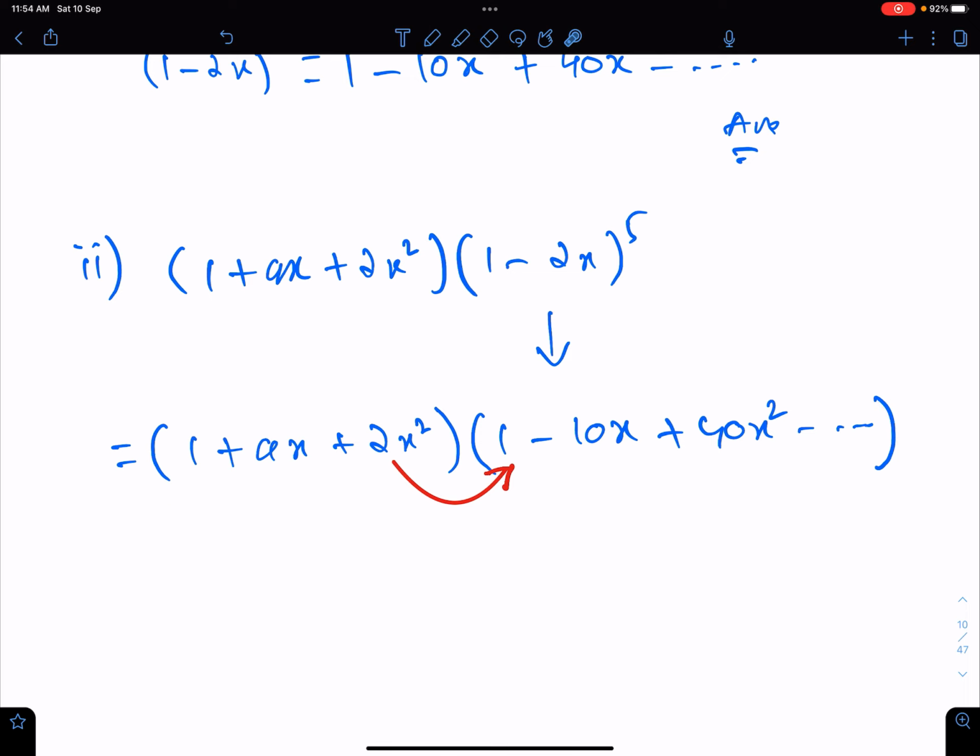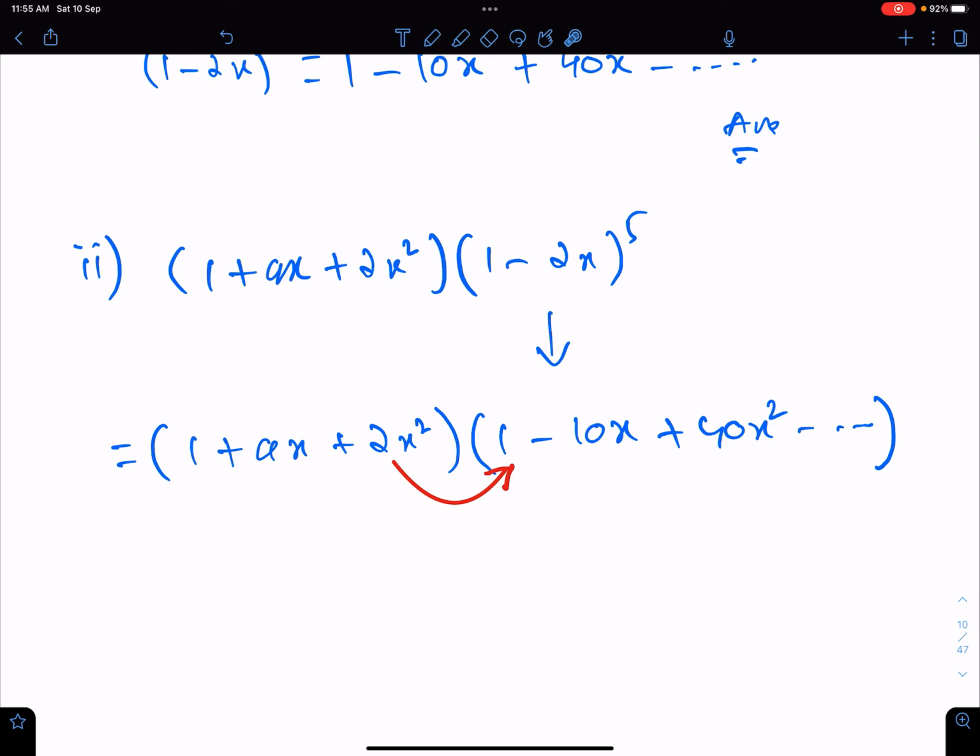So just multiply those terms which will give you the terms in x square. When you multiply 2x square with this, you will get x square. What if you multiply 2x square with this? You will get x cube, which is not required. So just multiply 2x square with 1.